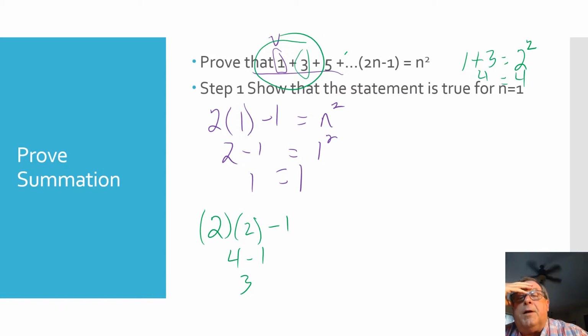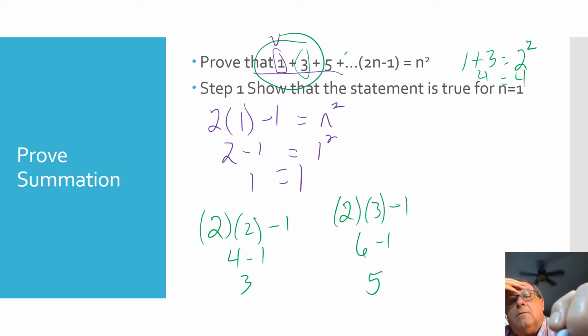Well, what about if I put in the 5? So if I say that the third number of the sequence is defined as 2 times 3 minus 1, well, 2 times 3 is 6 minus 1, well, that equals 5, okay, that's fair enough, there's the 5.